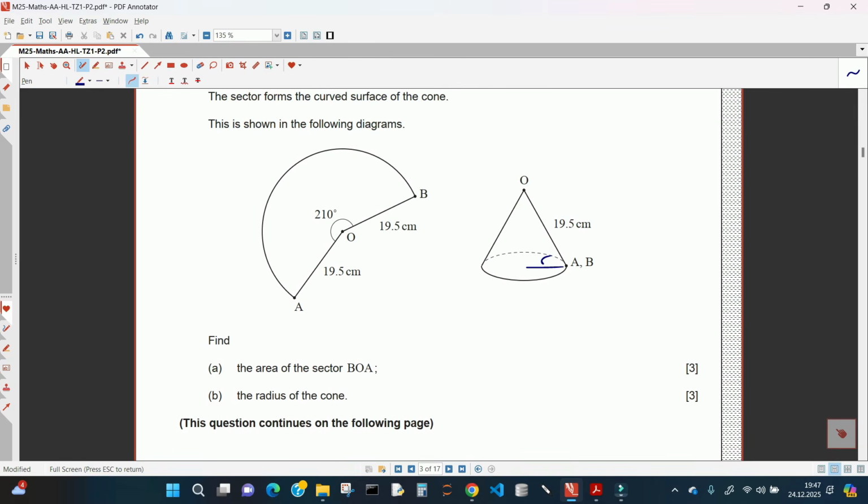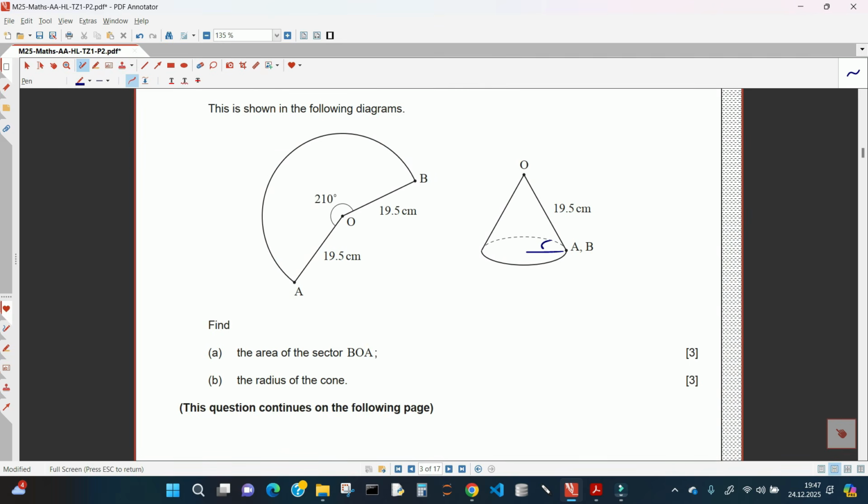The radius of the cone. It asks for the radius of this cone. And I know that the perimeter of this arc AOB is 2 pi times the radius of the big circle here, 19.5. But the angle is 210, so I will multiply by 210 and divide by 360. This is the perimeter of this arc, and it's going to be equal to the perimeter of the base of this cone.